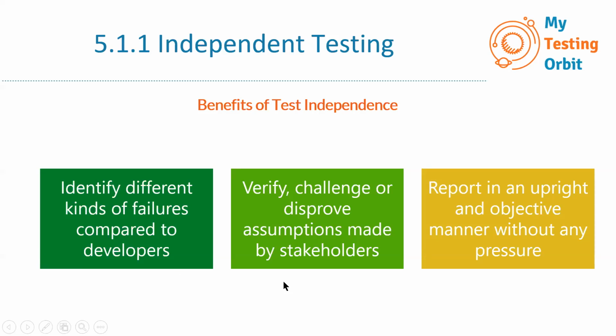The second one is to verify, challenge, or disprove assumptions made by stakeholders. Stakeholders can be someone who has written the specifications, who has given us the requirements for that system. So they would have a specific mindset about that system.